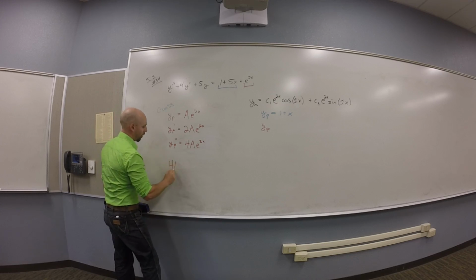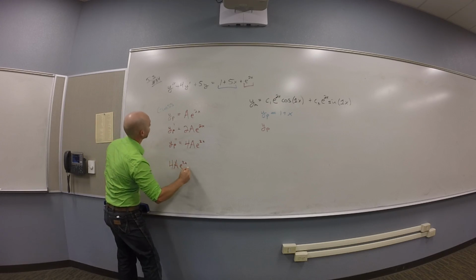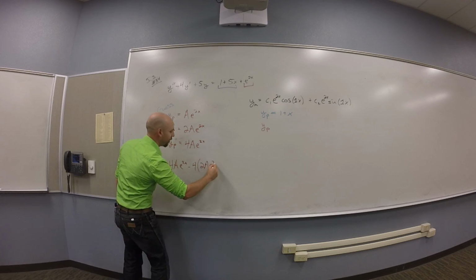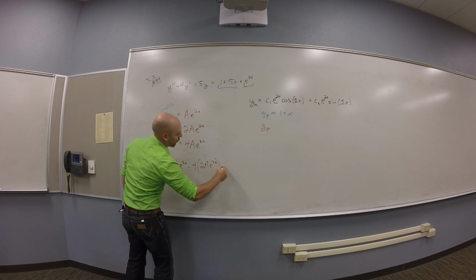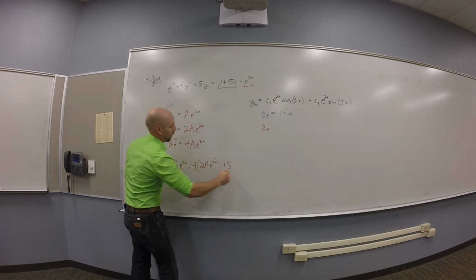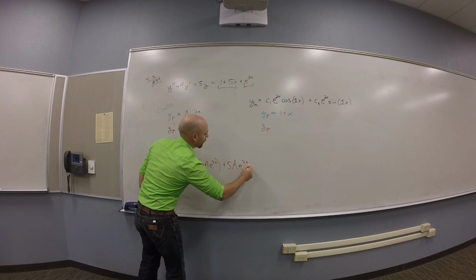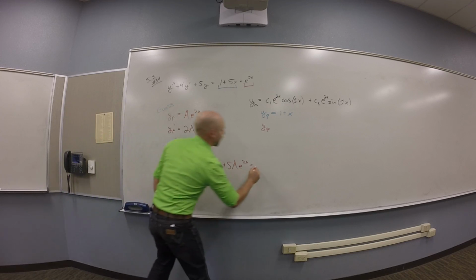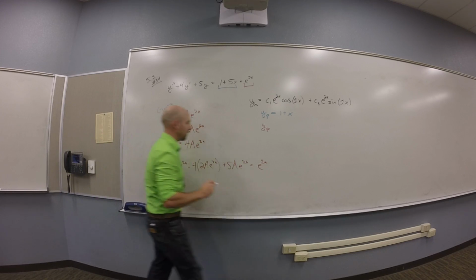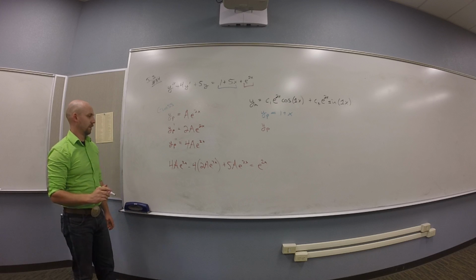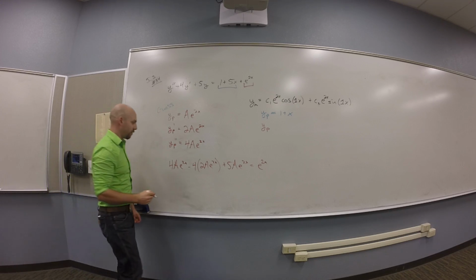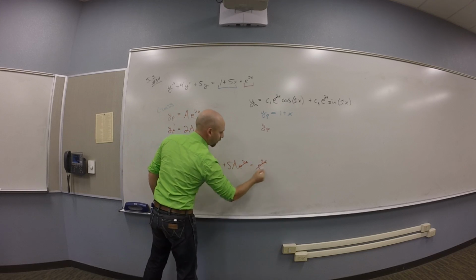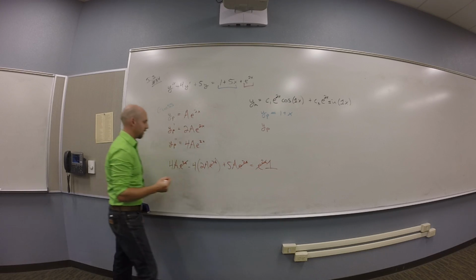So I got 4a e to the 2x minus 4 times 2a e to the 2x plus 5a e to the 2x. And this is supposed to equal what? e to the 2x. Okay, so divide through by e to the 2x.